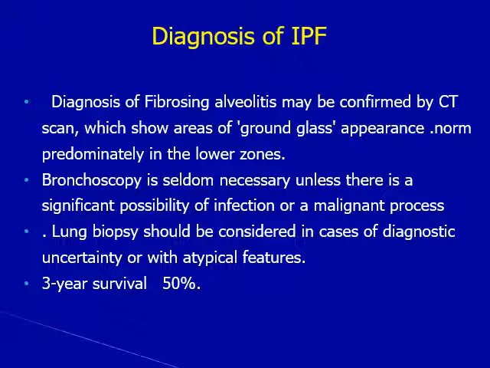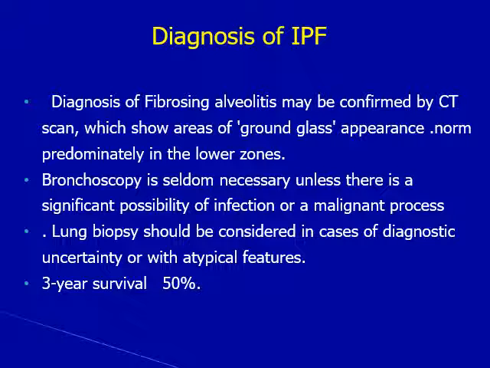Clubbing of the fingers is common in such patients, but the diagnosis is mainly confirmed by the CT scan. Chest X-ray may be normal, or there may be reticular shadowing, but the CT scan shows areas of ground glass appearance and reticular nodular shadowing, which is prominently seen in the lower zone.